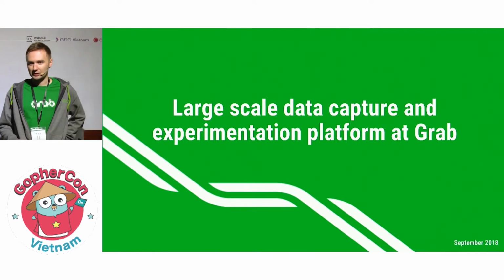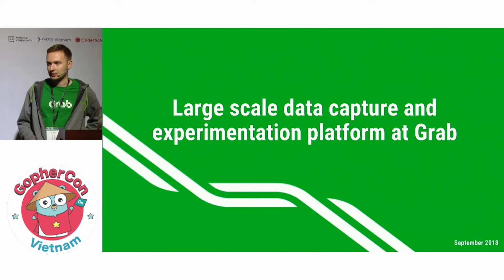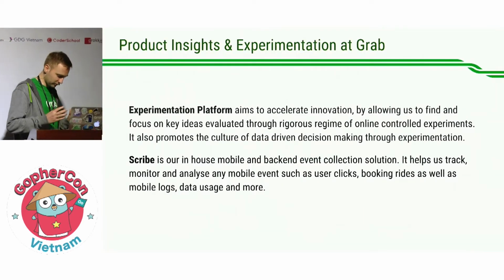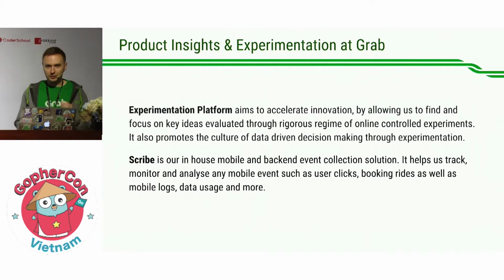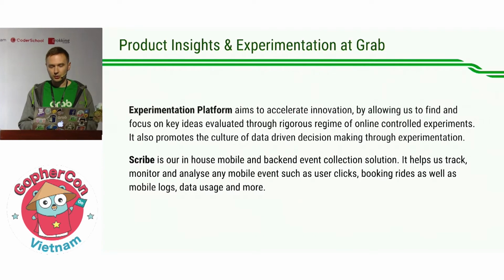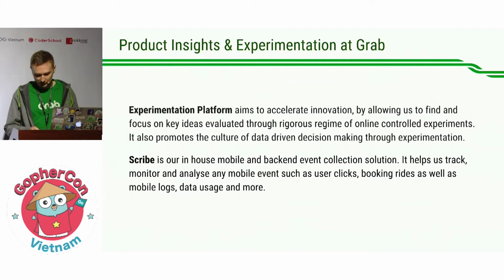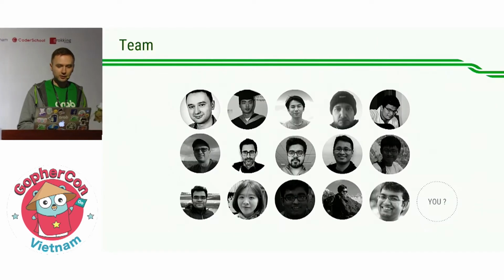There are always challenges to scale in both business and systems, really. So the two topics are actually quite related when you think about it. The experimentation platform lets you try things, and the data ingestion pipeline lets you observe the things you try. And I'm going to dive into more details.